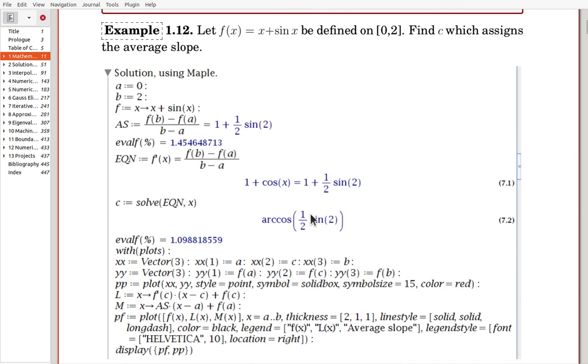Here we have a Maple code. A is 0 and b is 2. The function is defined in this range, and colon equal means definition. The average slope is now this one, and this blue writing is computer output.